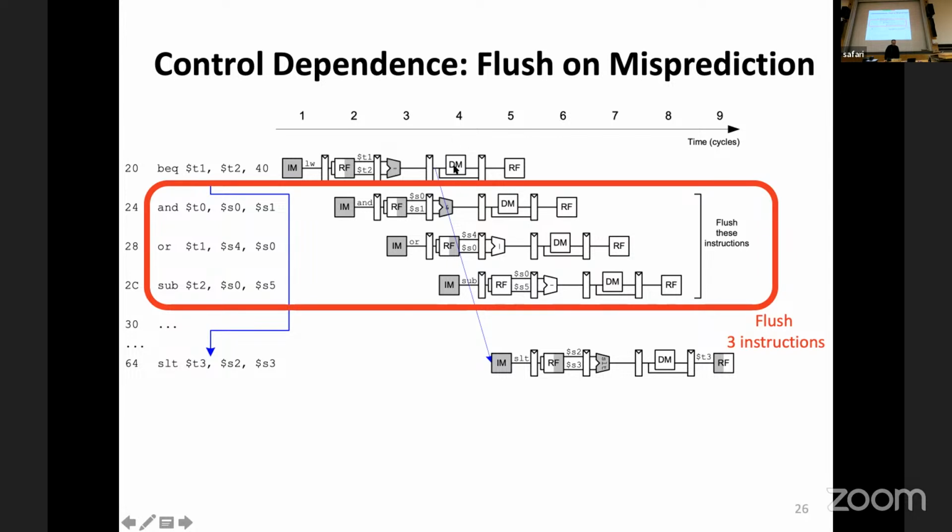In this stage, you will realize that you are going to take this branch, so all of these instructions that I'm executing are wrong. I need to flush these instructions, and that means you have bubbles in your pipeline. You need to flush all of them and then continue with the correct execution path.